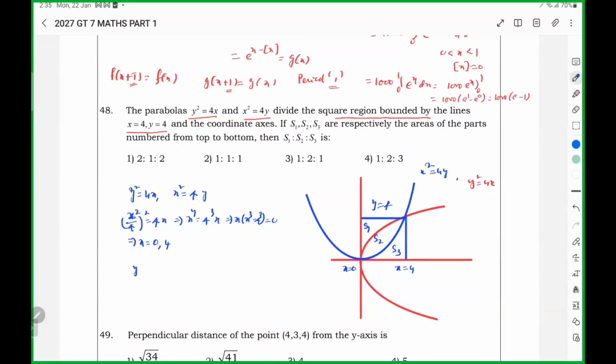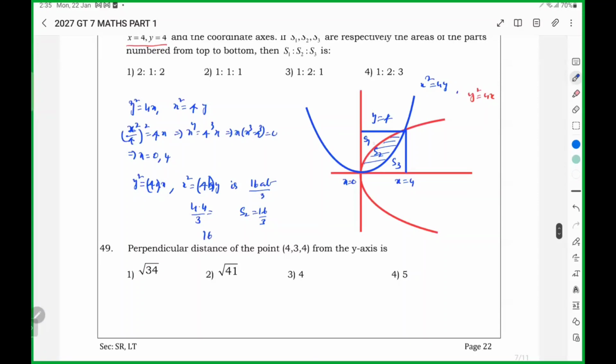So the area bounded by y square equal to 4ax and x square equal to 4by is a standard problem. Just multiply these two, that is 4 into 4. So this area S2 is 16 by 3.